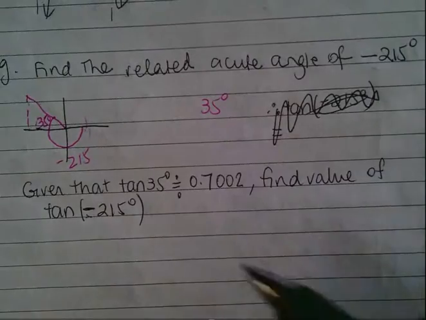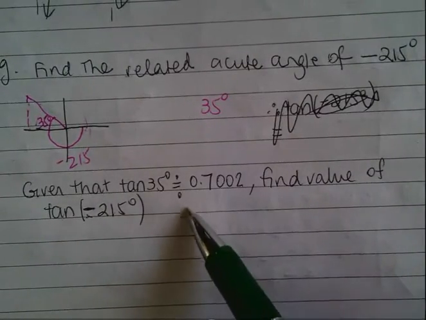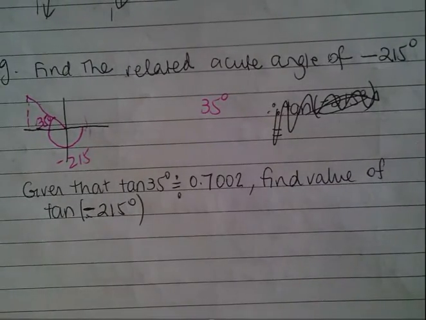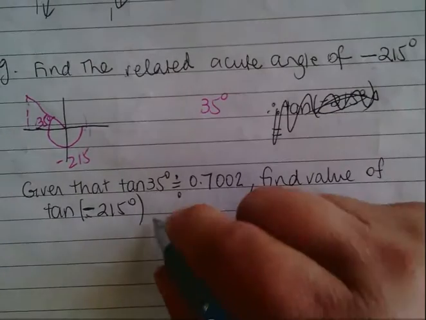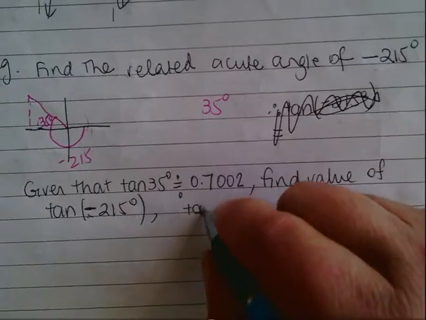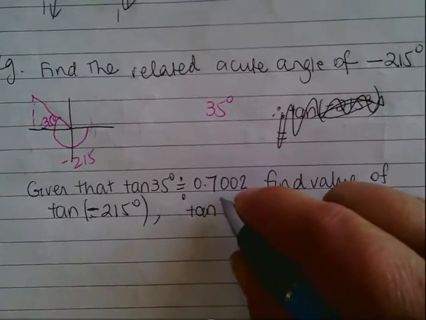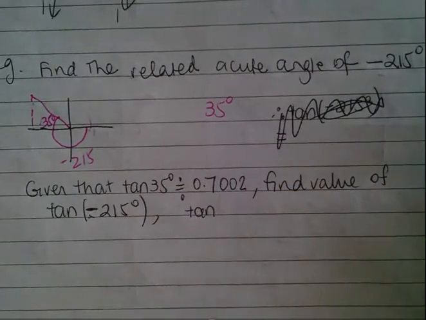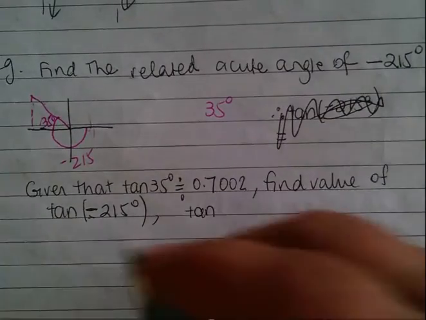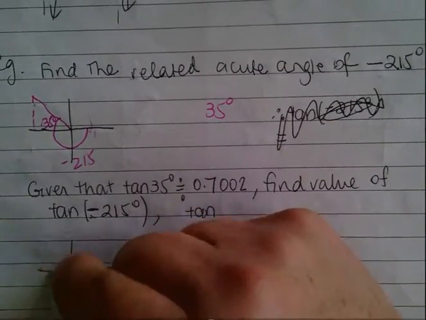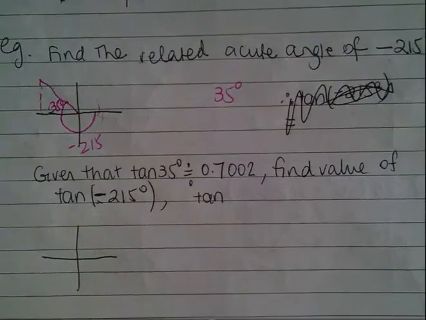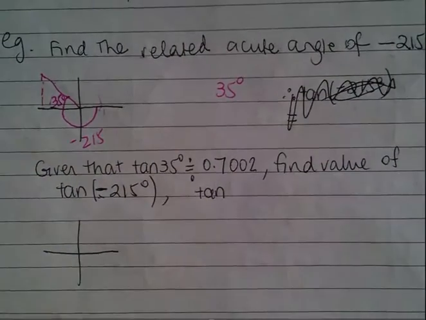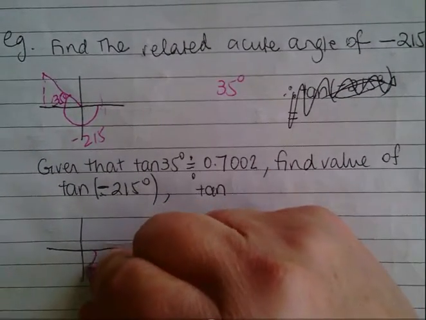All right? So I'm saying given that tan of 35 is approximately 0.7002, I want you to find the value of tan of negative 215. Where is it? We just did it.